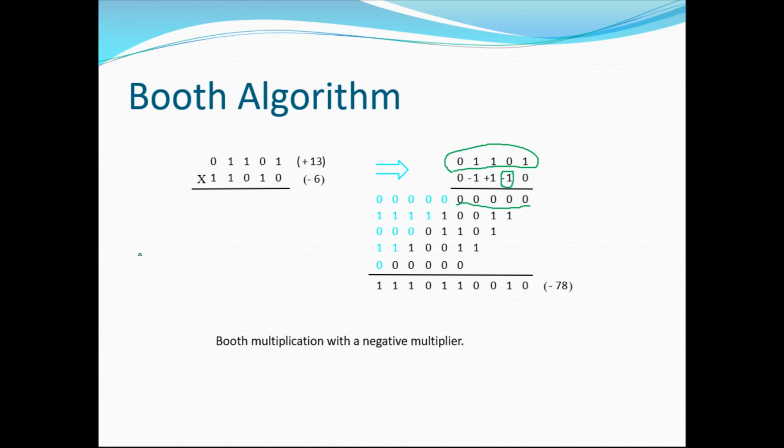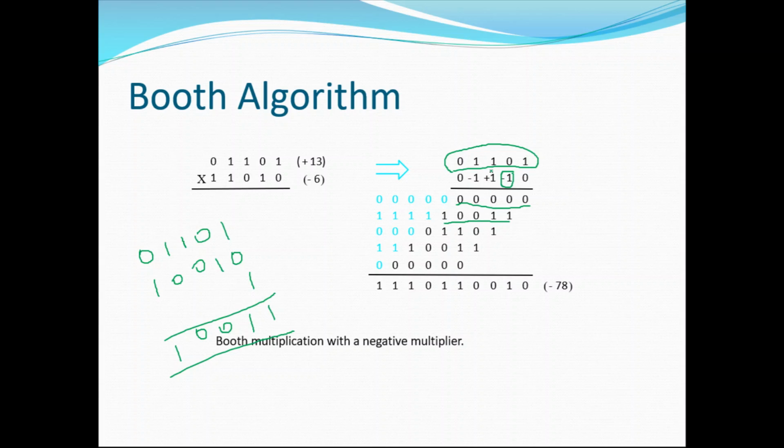What is the 2's complement of 0 1 1 0 1? First take the 1's complement, 1 0 0 1 0, and add 1 to this. So 0 plus 1 is 1, again 1 0 0 1. So it is 1 0 0 1 1, which is copied here with one shift.